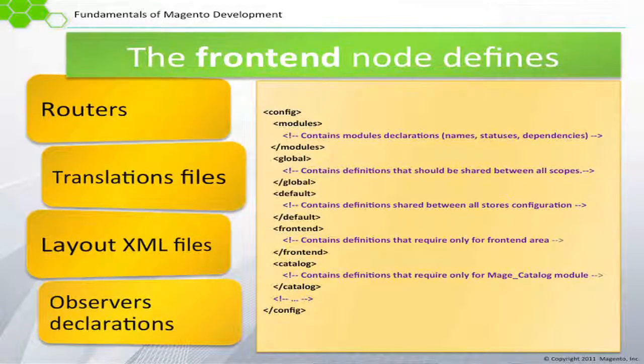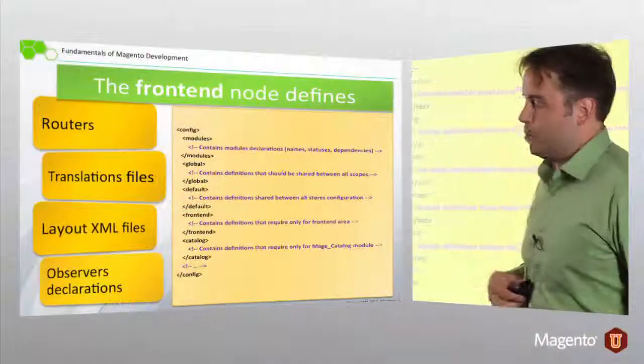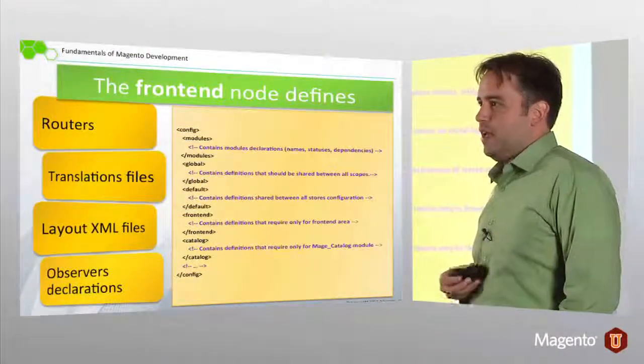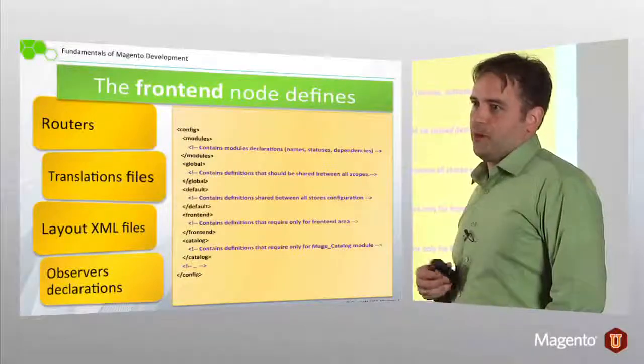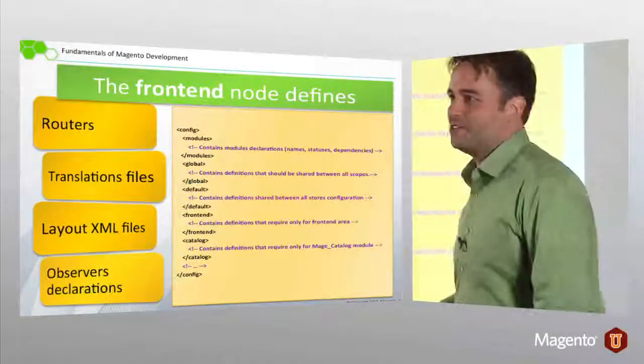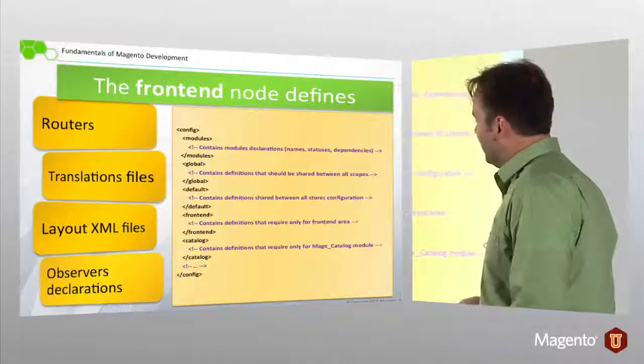So in the different area nodes, for frontend or admin, we might set up routers, and these are the things that handle the requests that come in and determine how we're going to match that request and dispatch controllers. And of course, we get very tactile with that here in a day or so.